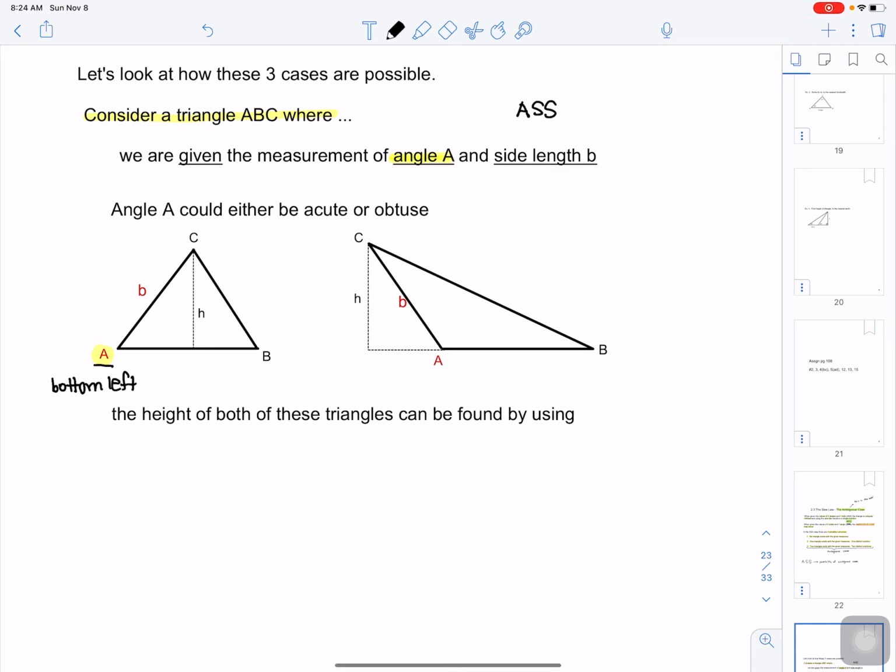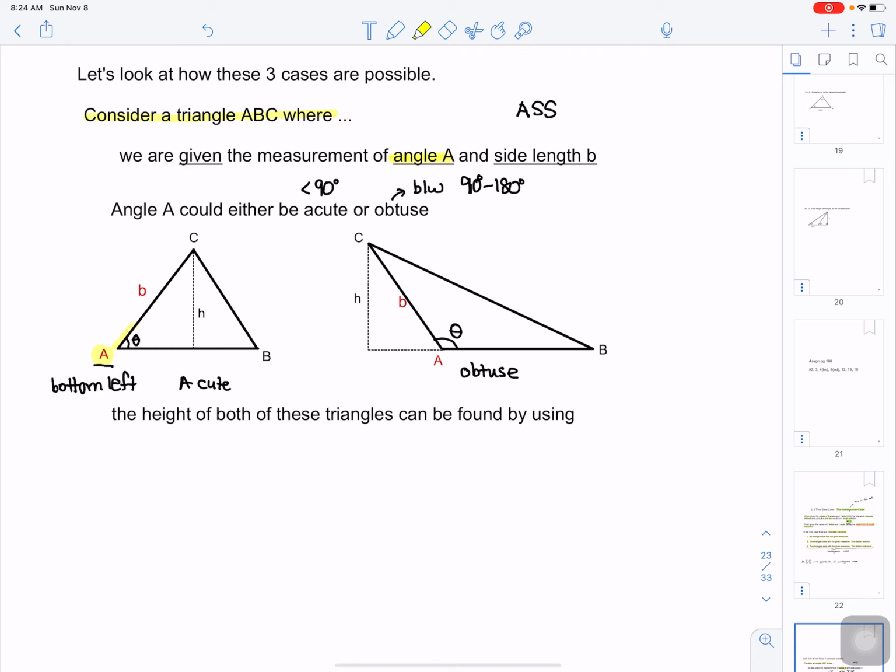Now, this angle A that they give you could be acute, which means less than 90 degrees, or it can be obtuse, which means between 90 and 180 degrees, okay? So this would be angle A that's acute, and this would be angle A, where angle A is obtuse, okay? Now you'll notice in both scenarios, we have the same exact triangle.